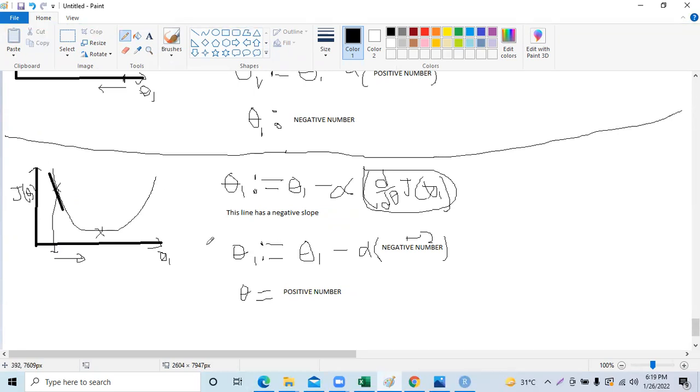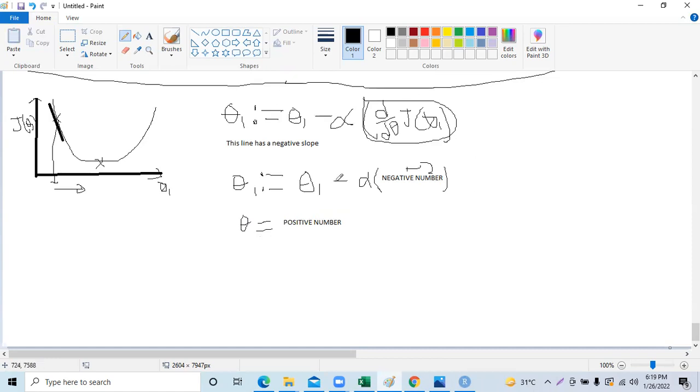So lastly, let's look at learning rates. All right, so let me just explain the intuition behind learning rates.